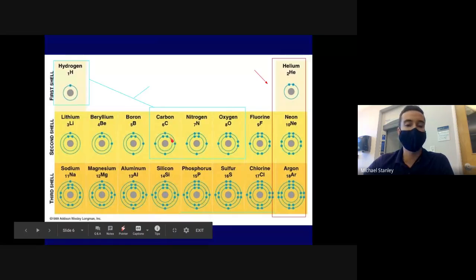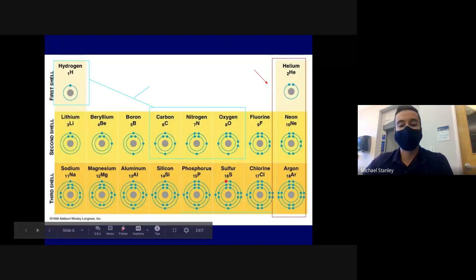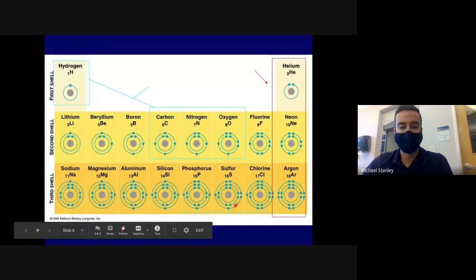So carbon's second shell is its outside shell. Silicon's third shell is its outside shell. Same thing with oxygen over here. Oxygen has 6 valence electrons on its second shell. Sulfur has a full second shell, but sulfur has 1, 2, 3, 4, 5, 6 valence electrons on its third shell.